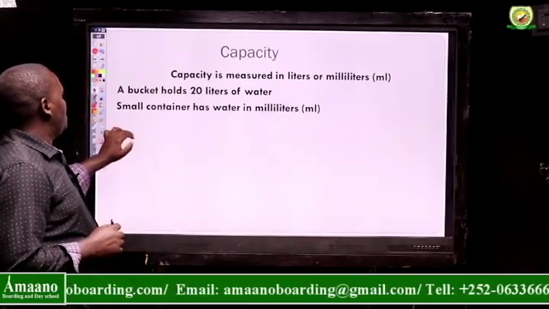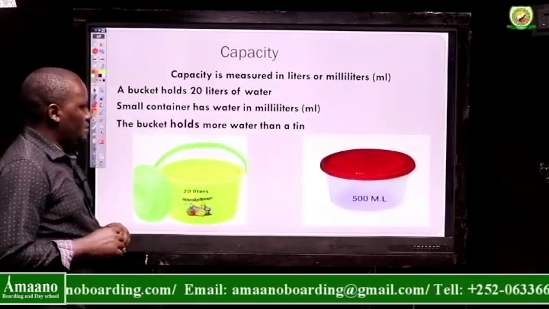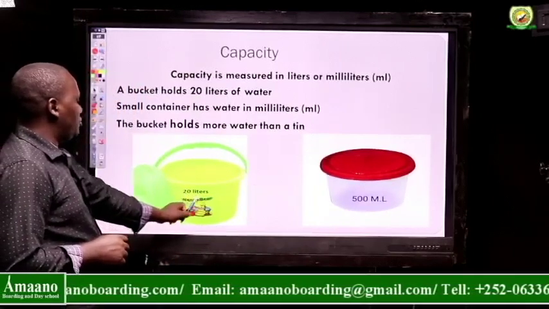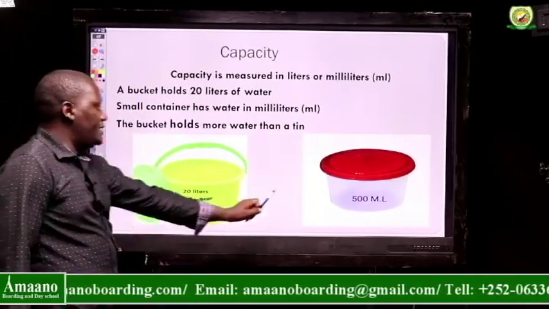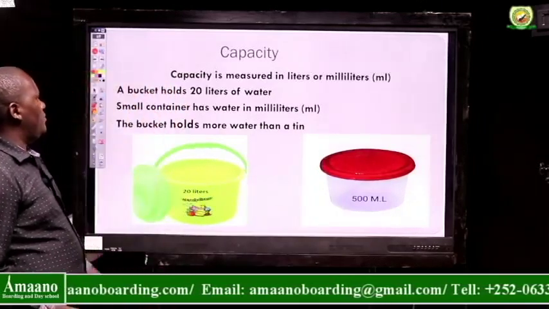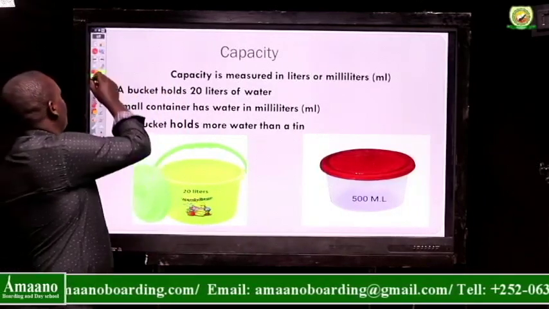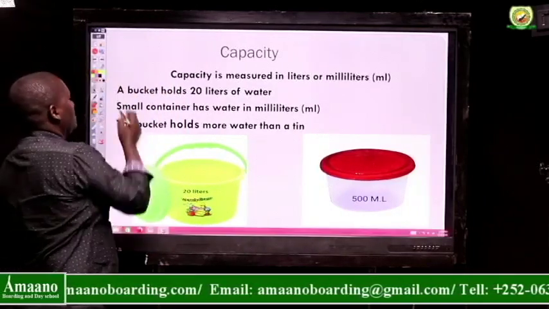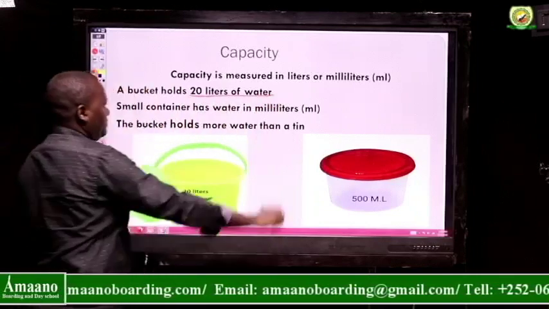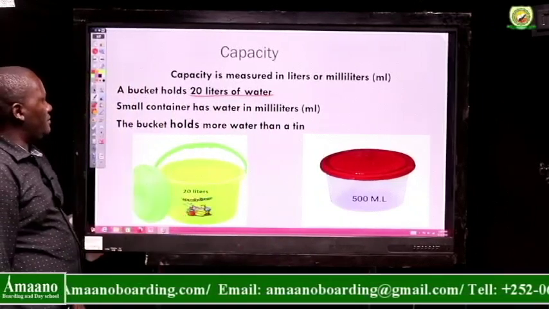Now let's look at this example that follows here. We have a bucket and we have a tin. The bucket is written 20 liters. The tin is written 500 ml. This bucket holds 20 liters of water.